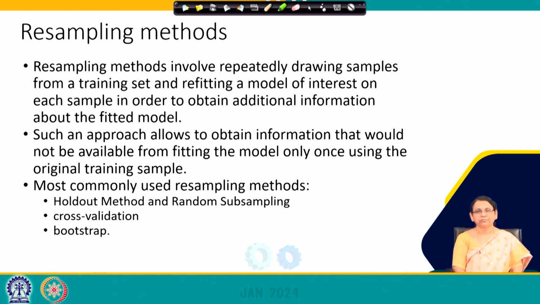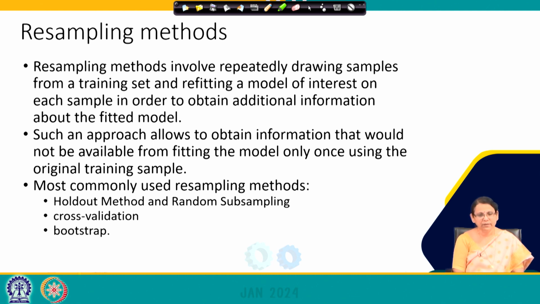So, we are supposed to use the data which is available to us in such a manner that whenever we encounter any unknown entity, we will be able to make the correct classification or the correct prediction as is required. So, these resampling methods now come into the picture.